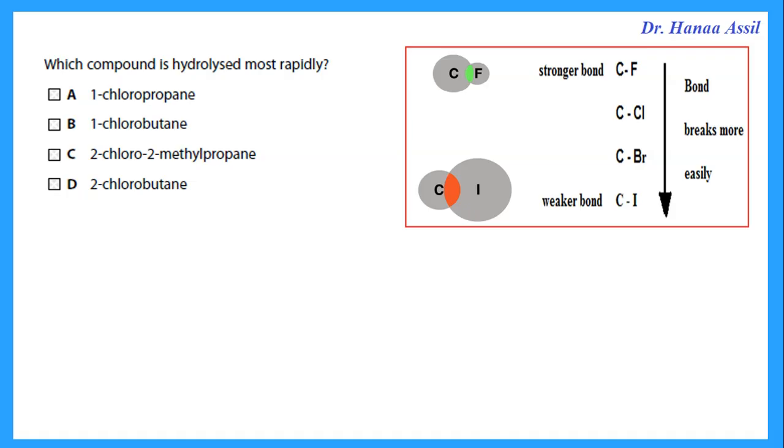But here in our choices in this question, all of them are chloro. So what is the difference between them? You should remember that if we're comparing the same halogen, then a tertiary will break more easily than a secondary, which will break more easily than a primary.